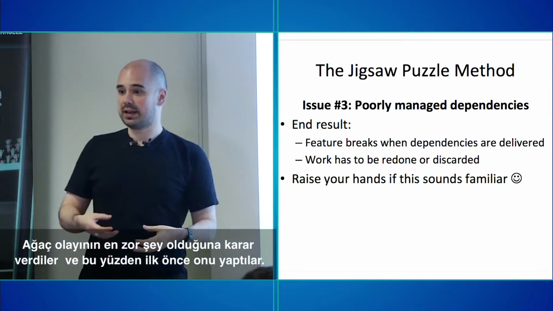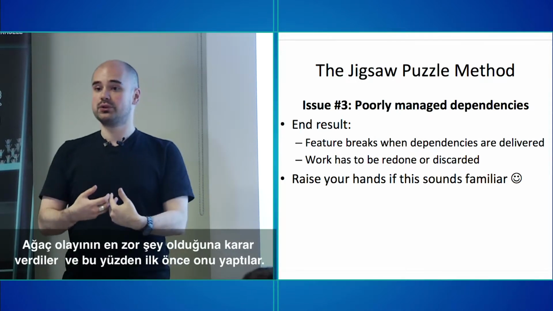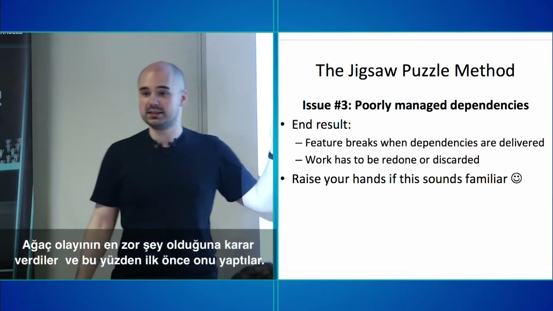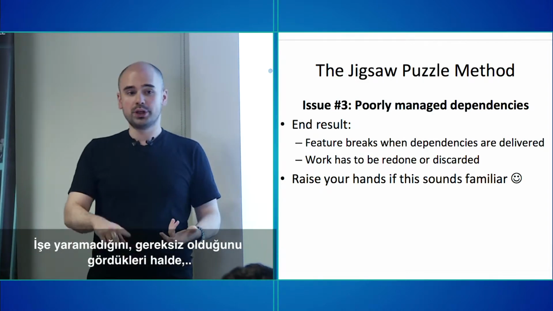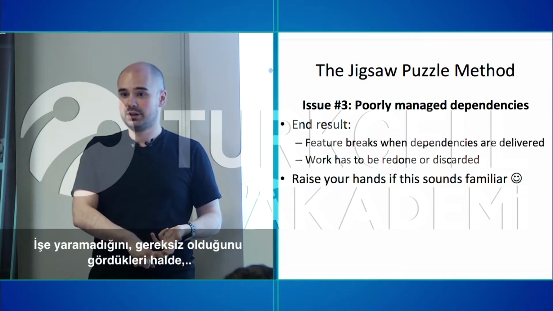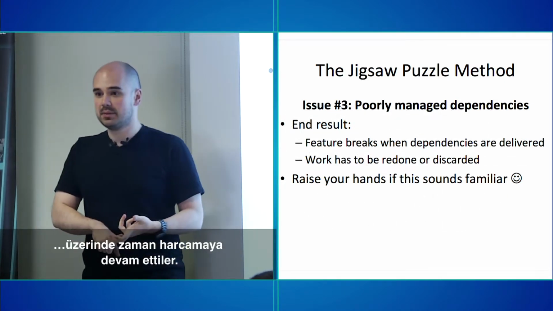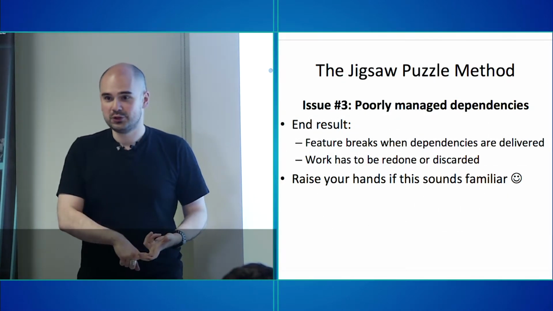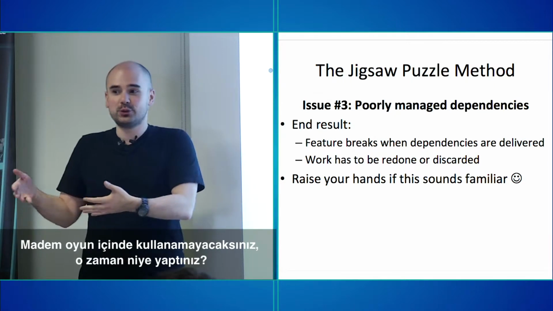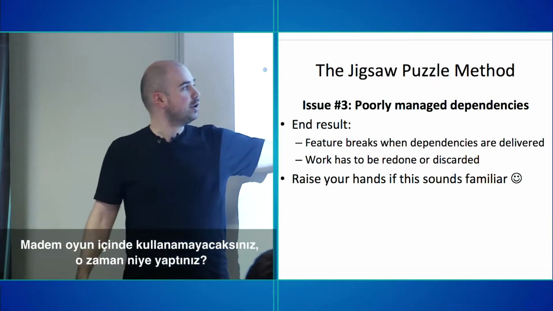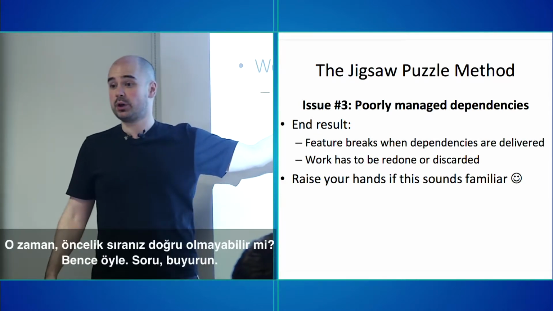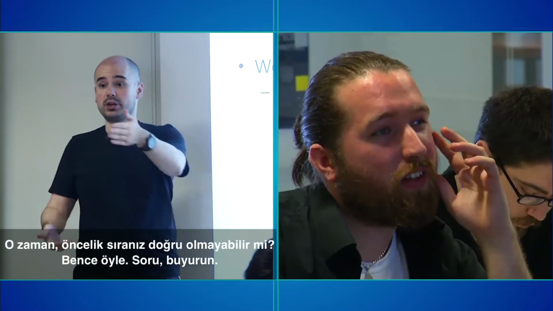They did the whole tree thing, and they put it up front. That was the most difficult task, so they decided to do that first. When it turns out not to work, or when it turns out to be unnecessary, they've still spent the time doing it. So if you then don't actually use it for the actual game, why did you do it at all? And is it then correct prioritization? My submission is no.